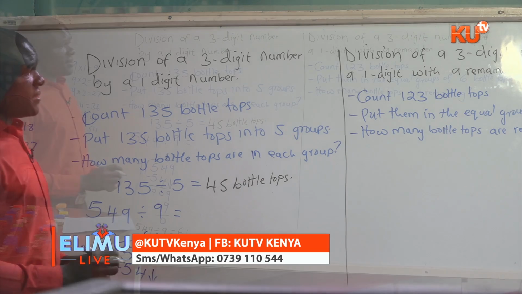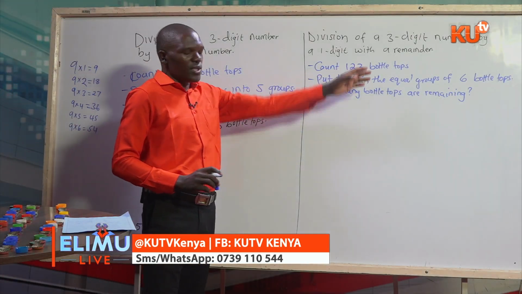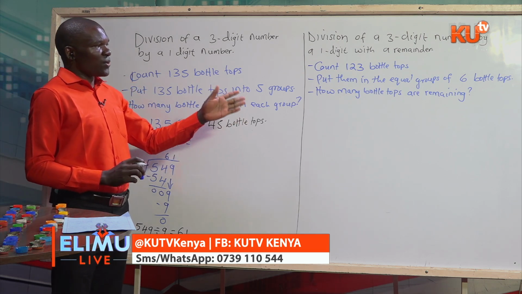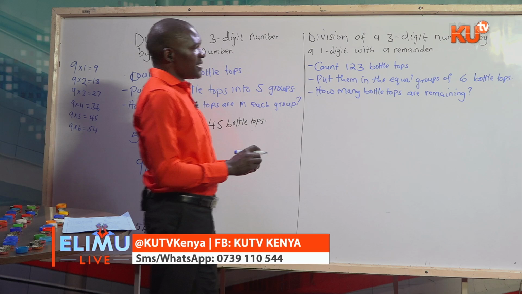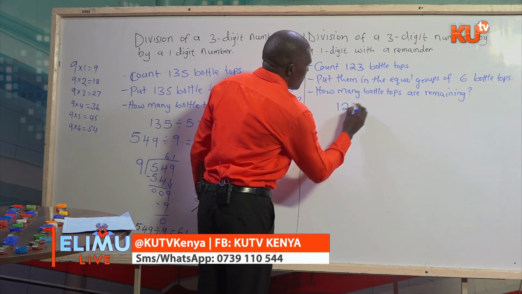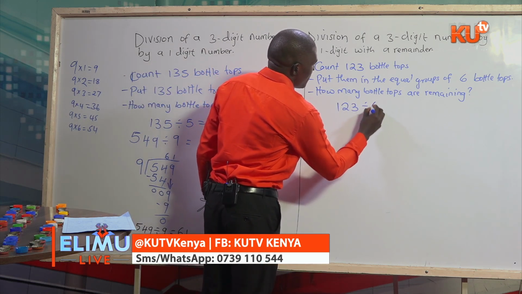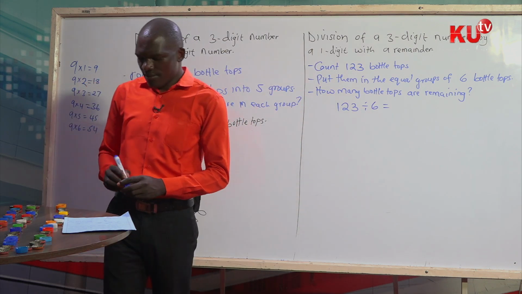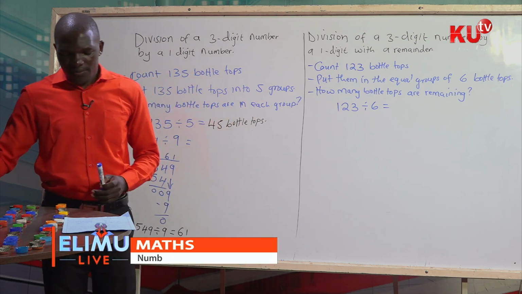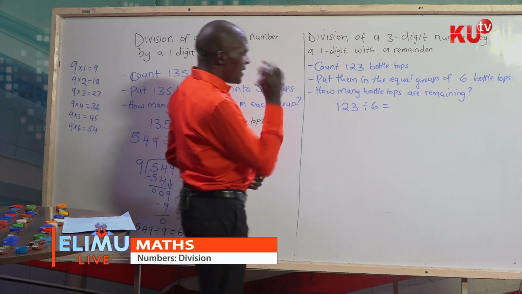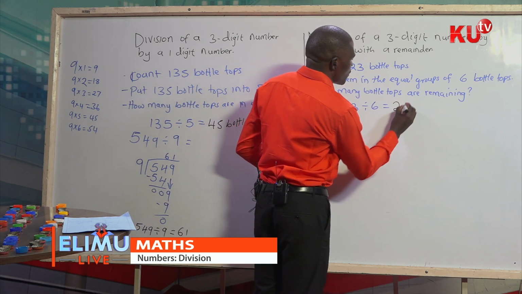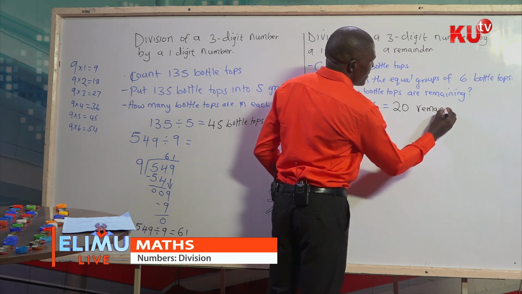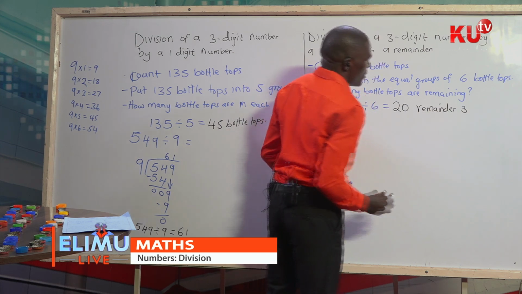So as you count the 123 bottle tops, the ones that I'm having on the table, placing them in 6 groups, then you will realize that each group will have 20 bottle tops, then the remaining will be 3 bottle tops.